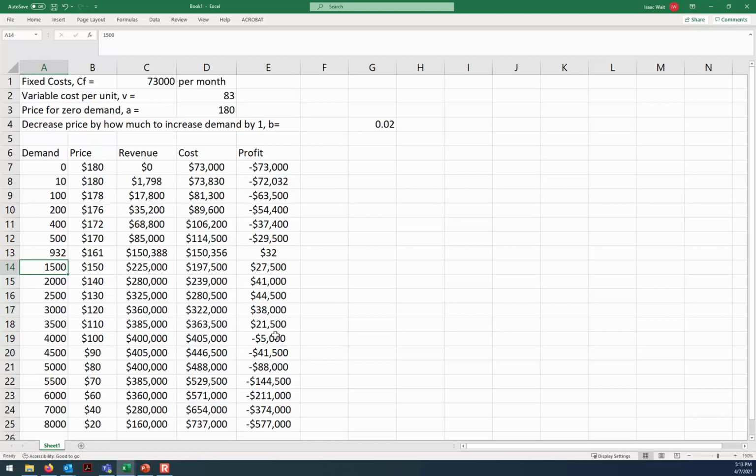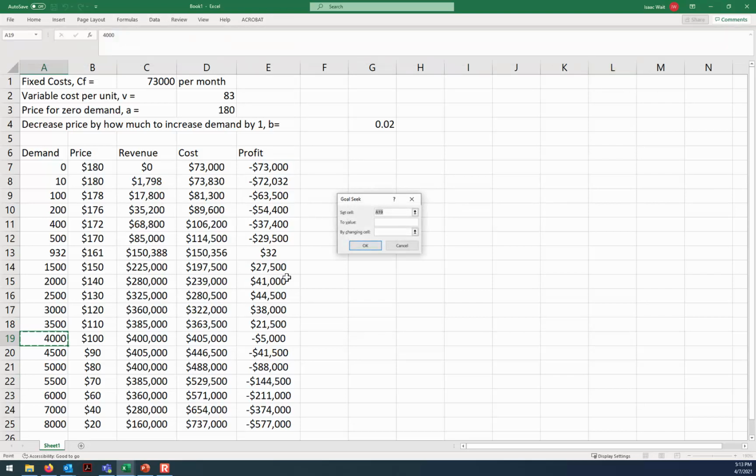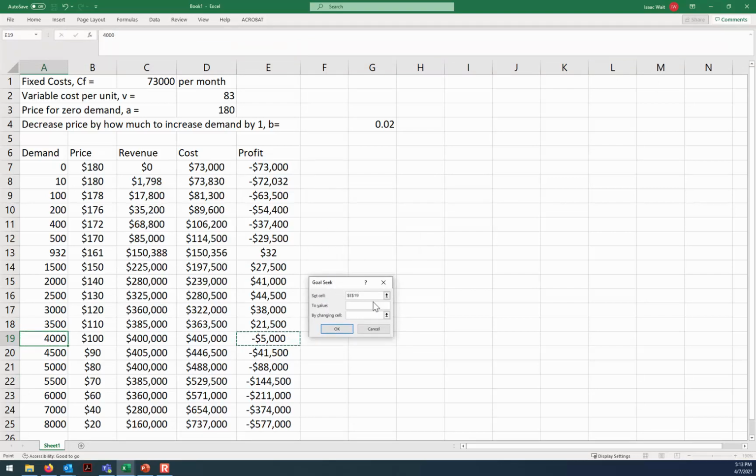And then if we look for our other break-even point, it looks like it's somewhere between 3,500 and 4,000. So let's do another goal seek here. Data, what-if analysis, goal seek. And my goal is that I want this cell to be 0 by changing demand.